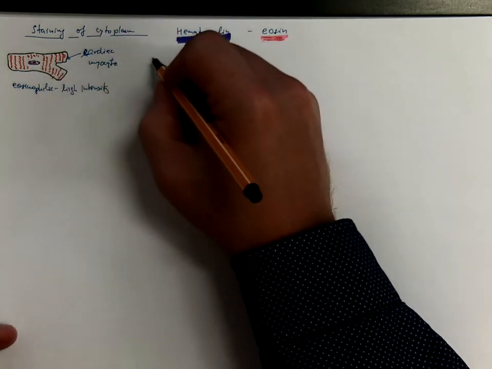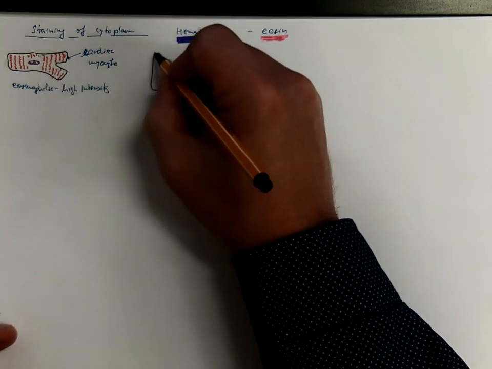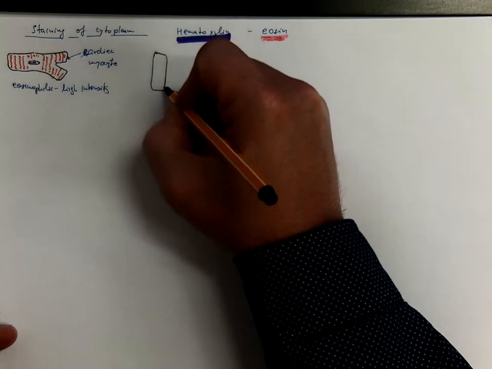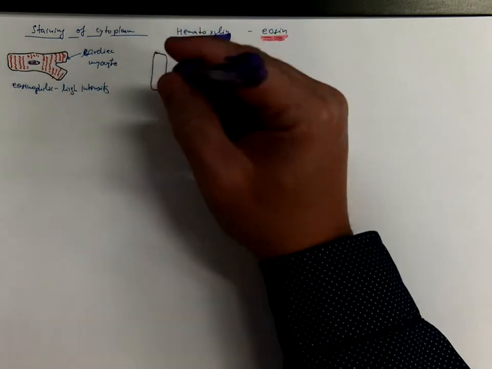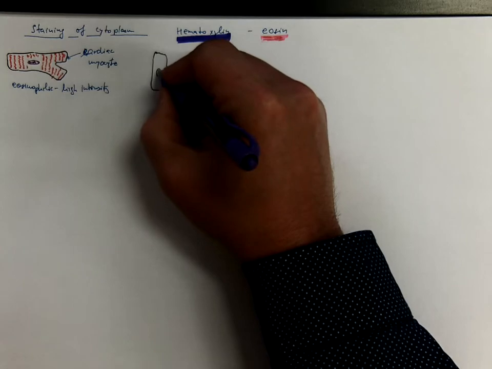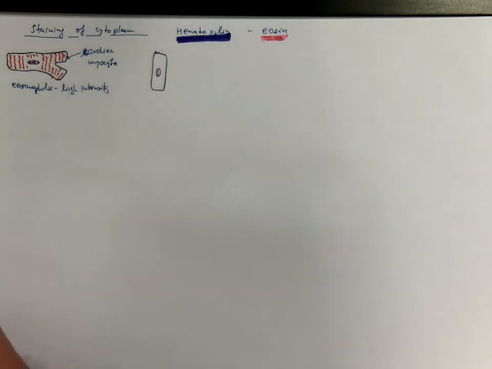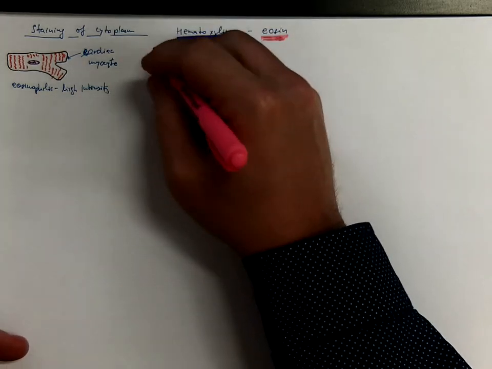Medium intensity could be found, for example, in enterocytes. That's the epithelium lining the intestine.